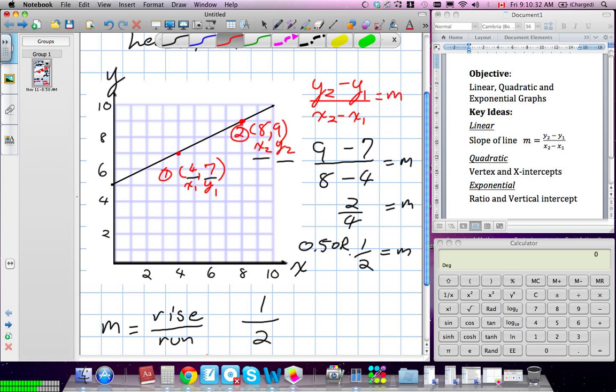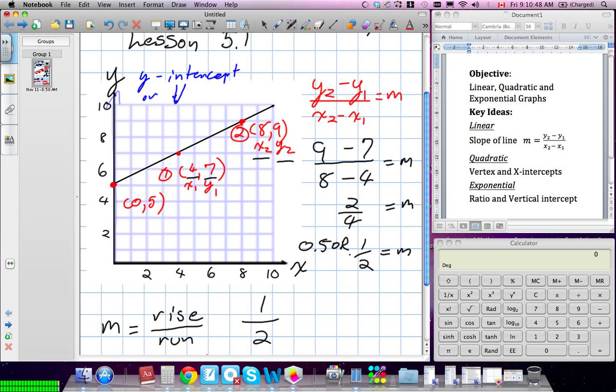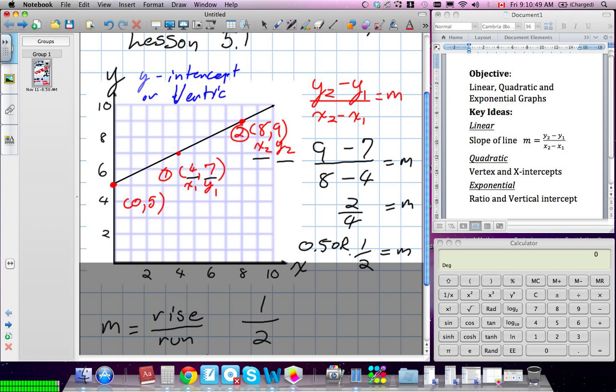Would be there, 0 and 5. 0 and 5. The reason they call it a vertical intercept is because our y-axis is a vertical line. So it's either your y-intercept or vertical intercept. Okay?